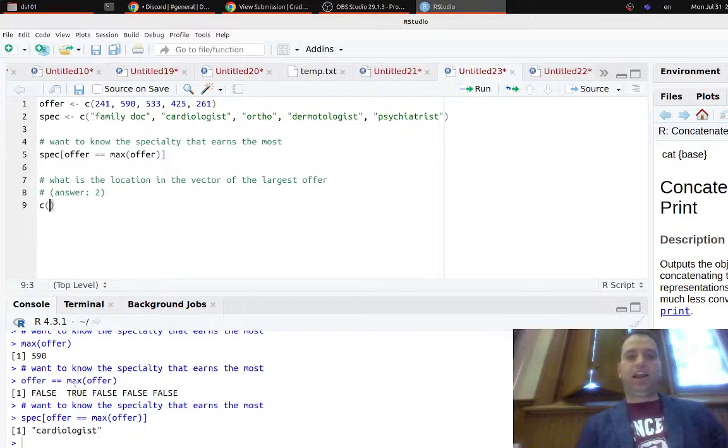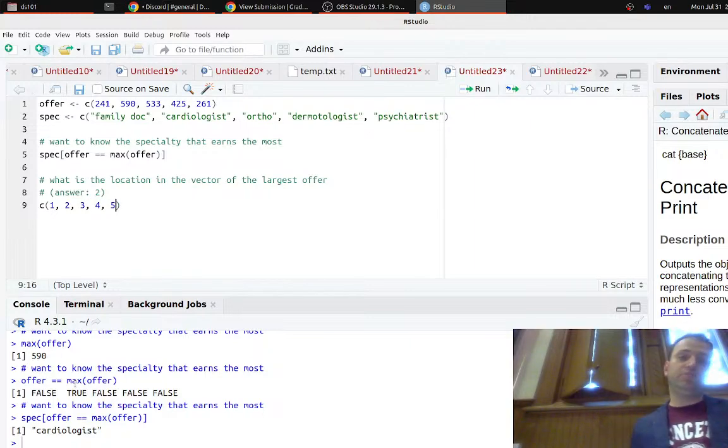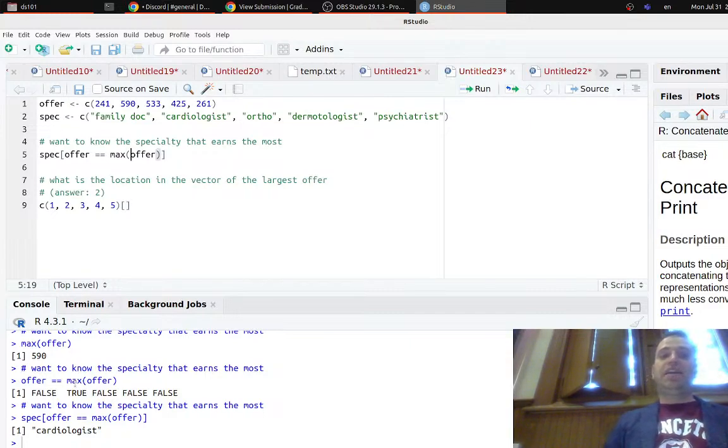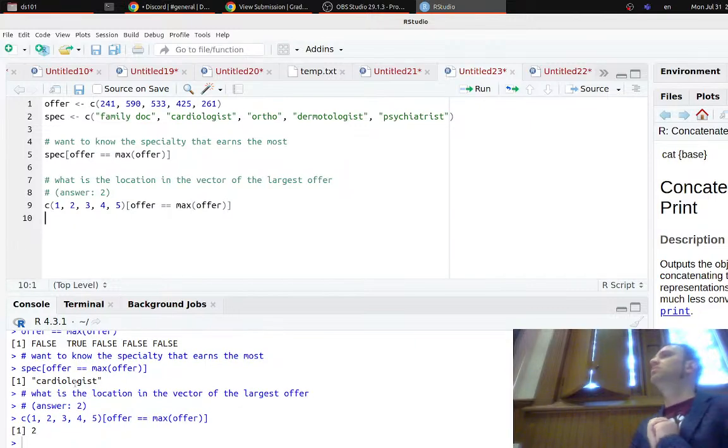I have my vector of locations, 1, 2, 3, 4, 5, because location 1 is 1, location 2 is 2, and so on. Out of those locations, I want to pick out the location that corresponds to the max offer. It's the same thing, except instead of looking in the specialties vector, I'll look in the vector of 1, 2, 3, 4, 5. And it'll pick out the 2. Does that make sense? Questions?